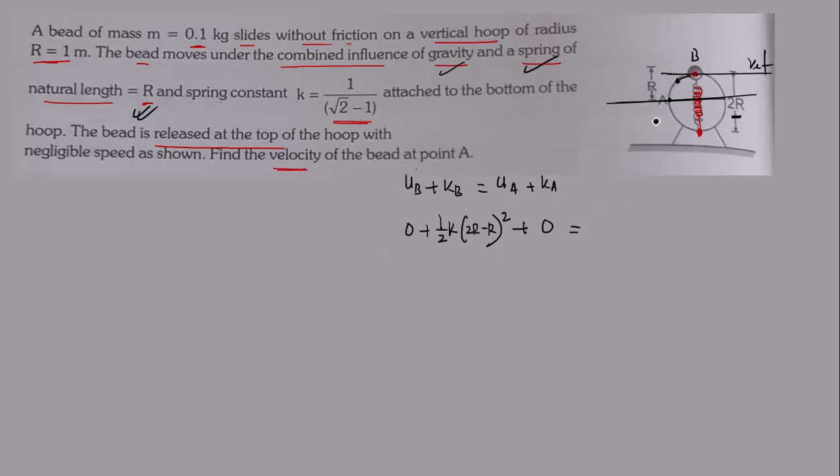Now finally, once the particle reaches point A, the gravitational potential energy is reduced by a distance R, because the distance between point A and point B is R. So I write mgR with a negative sign.